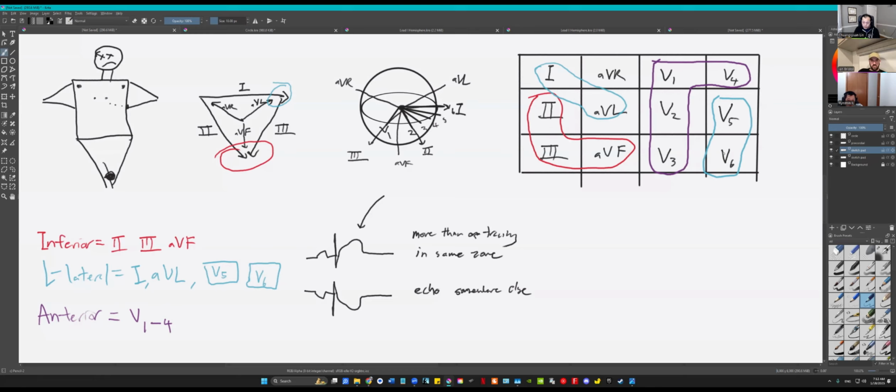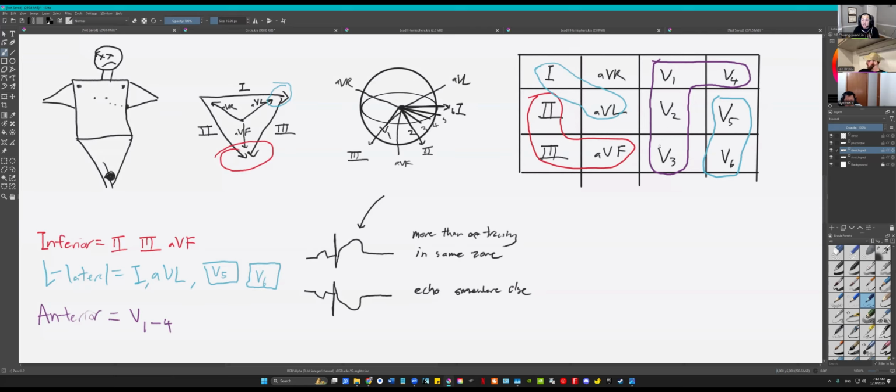If something is positive in lead 1 and V5, even though they're not next to each other on the page, they're next to each other on the person. That part throws people off. V5, V6, and lead 1 and AVL, they're left lateral. You have to remember that these opposite corners actually are next to each other on the person.